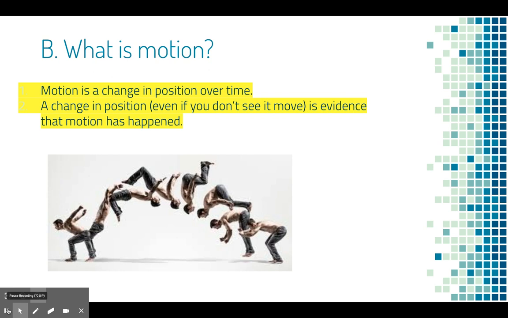Motion had happened. Even though I didn't see you guys move, I knew that you did because you were in a different position than you were when I left. So we can know that something had motion just by a change in position.